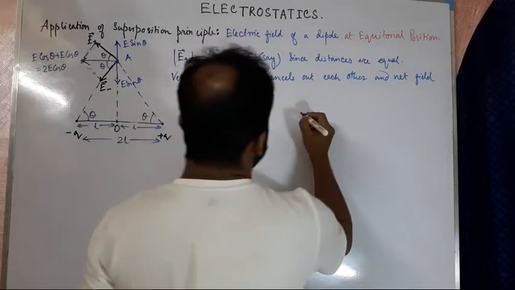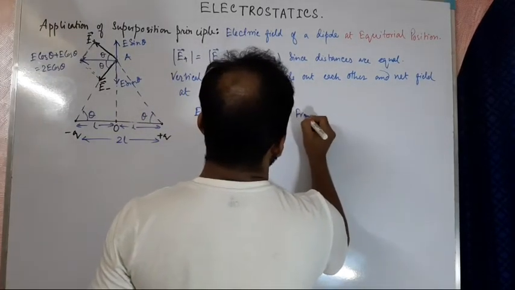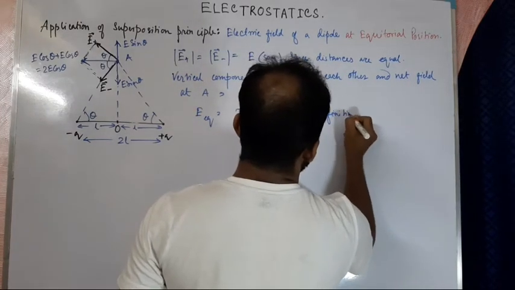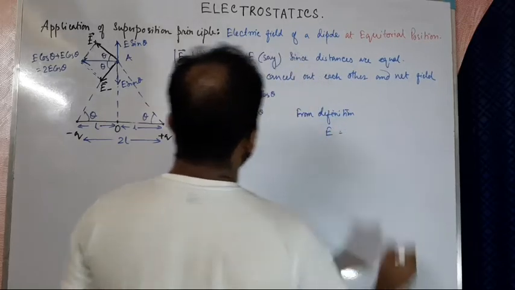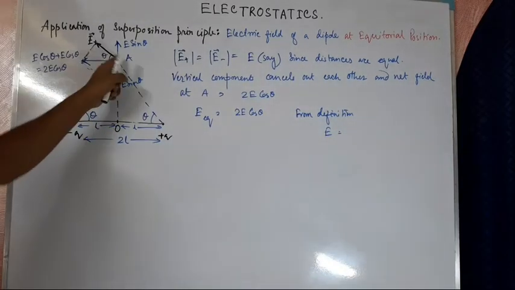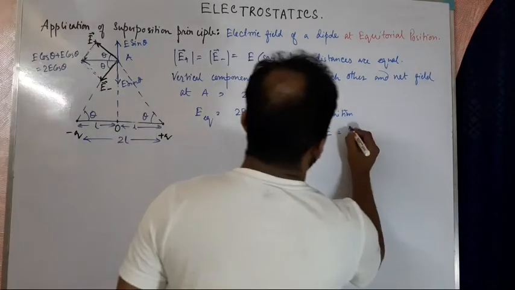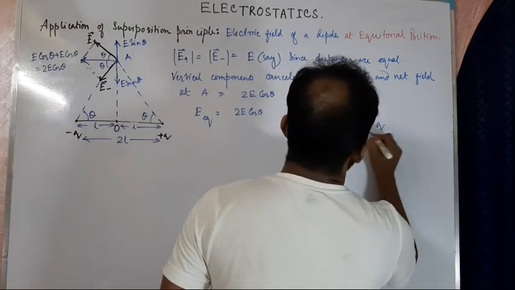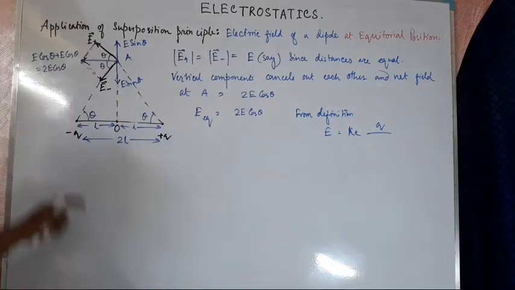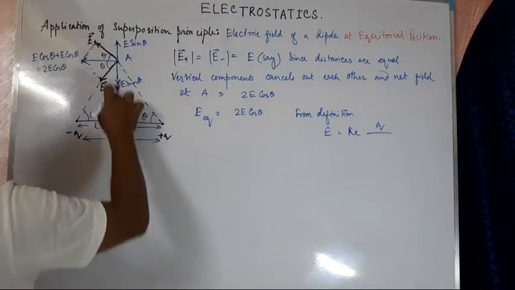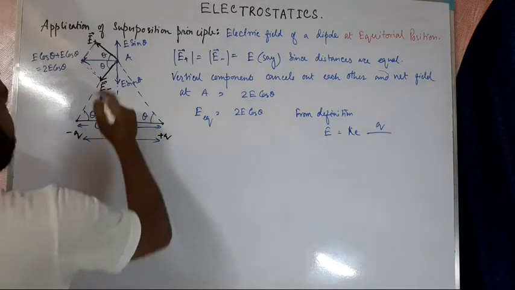Now what is E? From definition, E is the electric field between any one of the charges and the test charge, given by Ke Q by... Now what is that distance? We don't know that distance. We only know this distance, and of course this distance should be given.